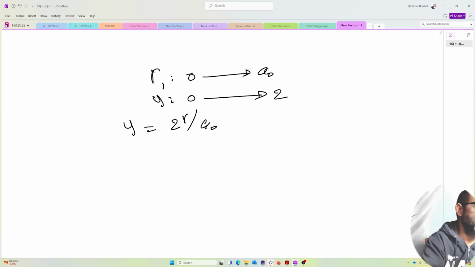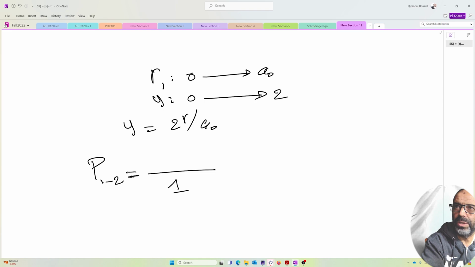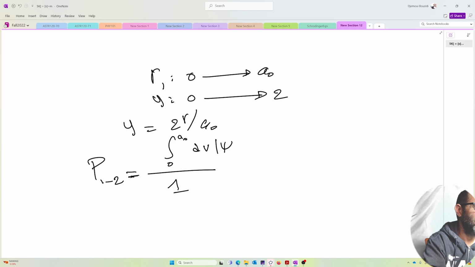So the probability of finding the electron between these two positions is going to be equal to, because this wave function is normal, technically I'm supposed to divide by all the possibilities, but they just normalized this wave function, it's 1. So I'm dividing by 1. So that's the whole technique for normalization. So it's the integral from 0 to A naught of dV times psi 1s squared.